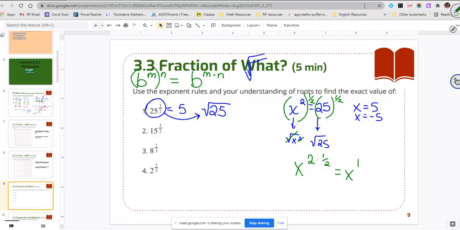So we're going to write a rule. Let's look at our other couple examples first and see what our rule is that we're going to actually add to our list of rules in lesson 1. In the same way for number 2, we could rewrite it as 15, and then using the fractional exponent, we could write it as the square root of 15.